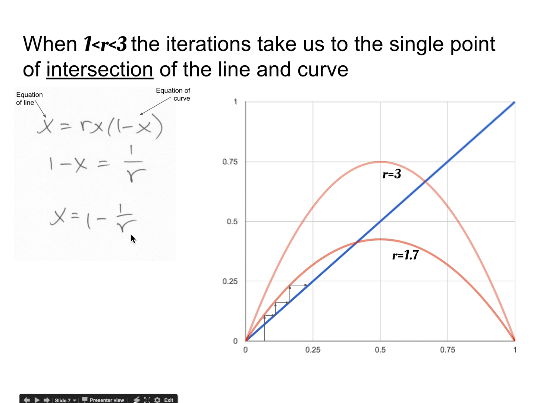So if we apply this, you'll see for R equals 3, the intersection is at 0.666. Remember that earlier we had a result that orbited around this point, 0.666, right there.